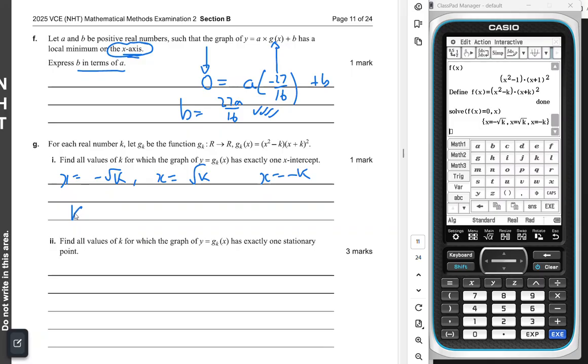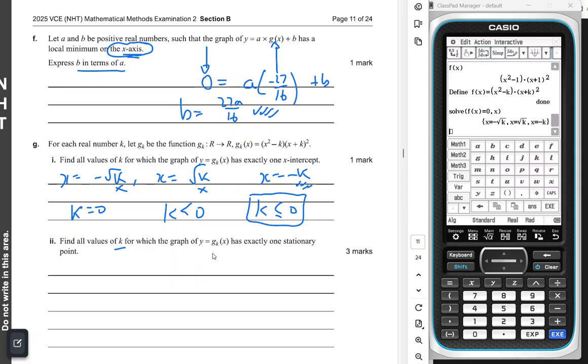Well, if k equals 0, that gives me one x-intercept, and it's at x equals 0. And the only other way is if k was negative, less than 0, and the roots wouldn't exist, and that would give me my answer. So I want k less than or equal to 0, where I'll have exactly one x-intercept.